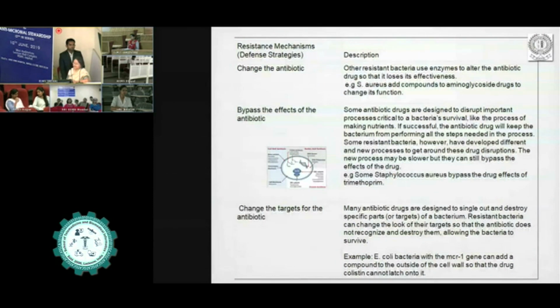Then again, another is they will bypass the effect of the antibiotics. And then there are many times where they will change the target of the antibiotics. Instead of the target which is intended for that antibiotic, they will create a target which will mimic that target, but which will not cause lysis or destruction of the bacteria.